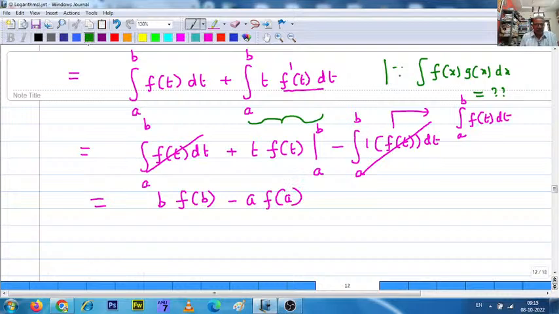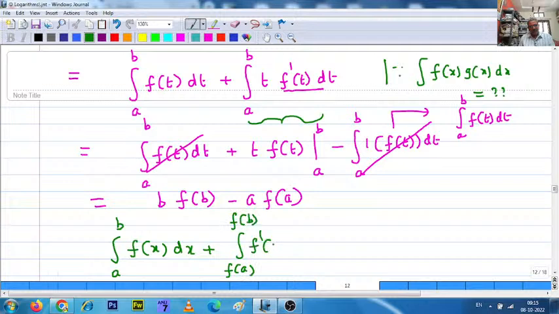First note down, my dear students, integral a to b f of x dx, it has been formulated, integral from f of a to f of b of f inverse x dx is nothing but a very beautiful formula, b times f of b minus a times f of a.